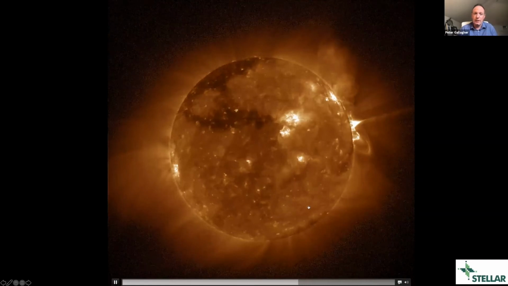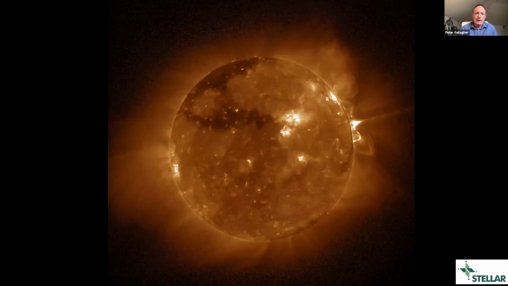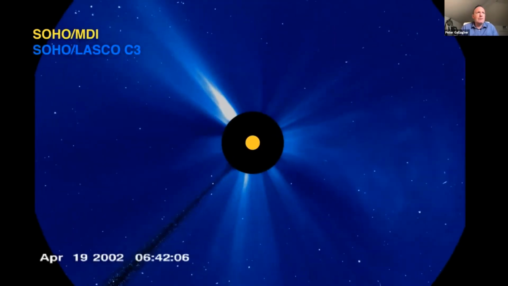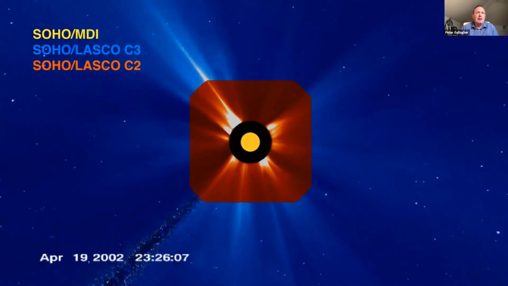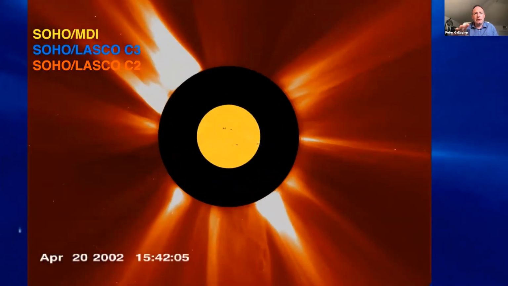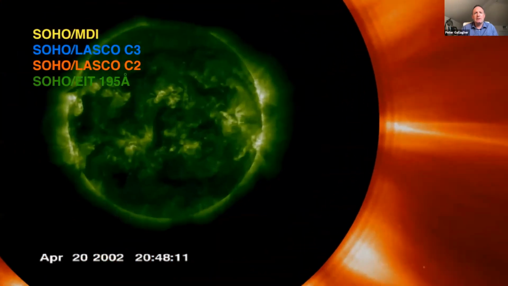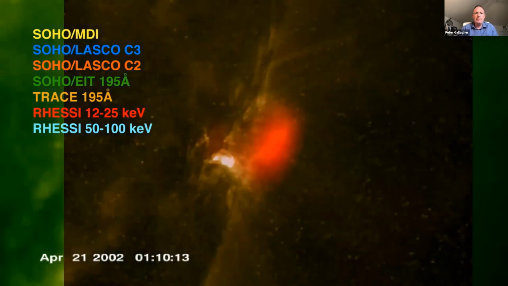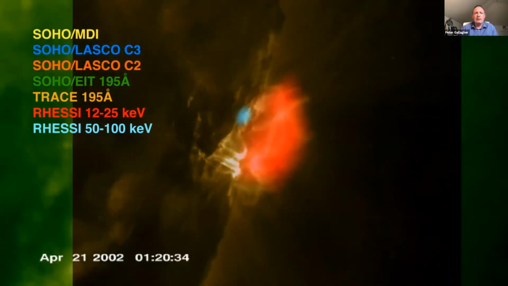Very small spatial scales. But once these eruptions move outwards, these are a sequence of images taken from LASCO. You'll see the bubble of the corona of the CME expanding out into the corona. So there's hard X-rays. You'll see radio waves associated with them at gigahertz.